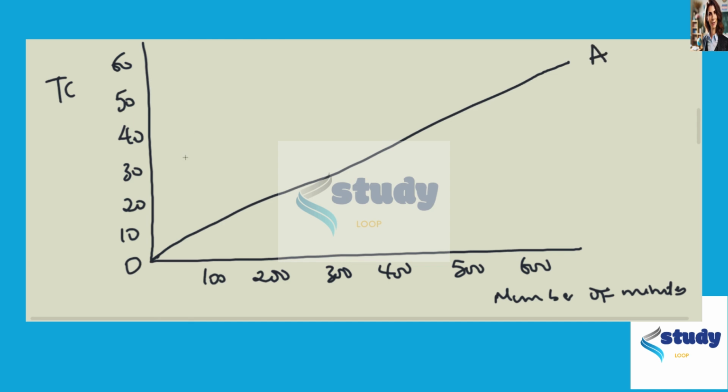Plan B is going to go from here, then stops being straight all of a sudden, and then it goes all the way to here.